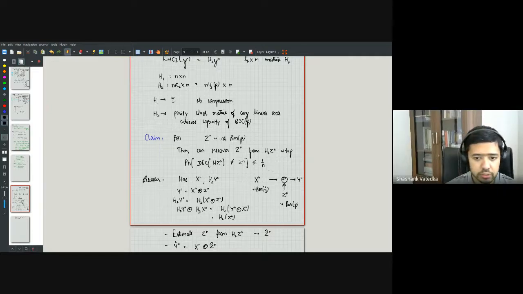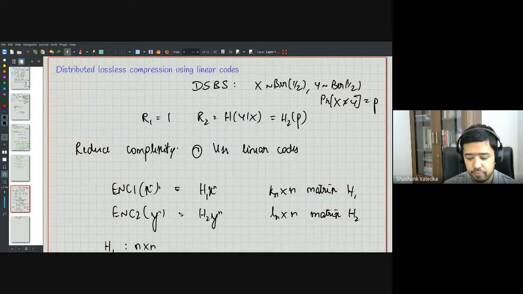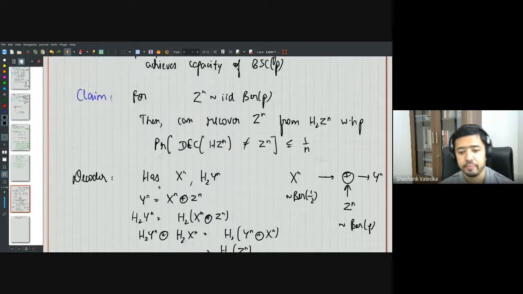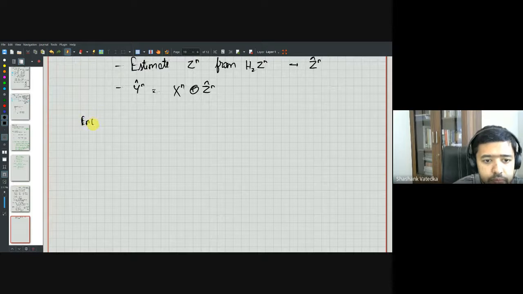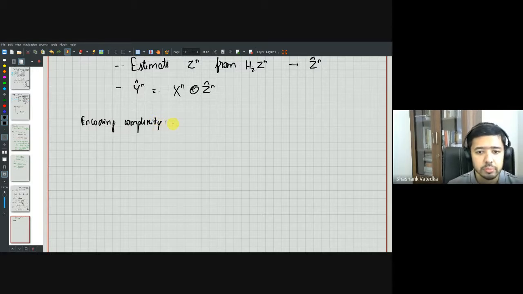So basically encoding just corresponds to multiplication of a matrix with a vector, and that can be done in just order n square arithmetic operations.